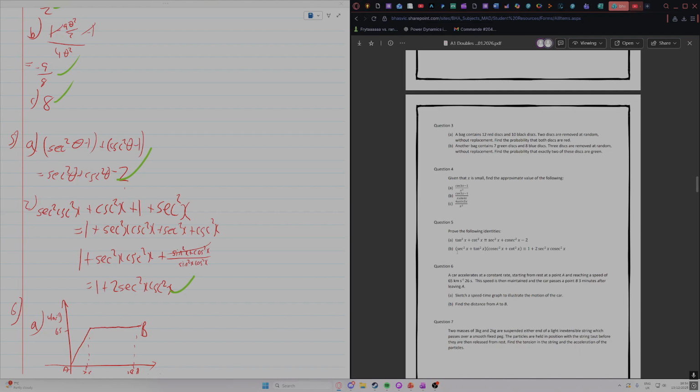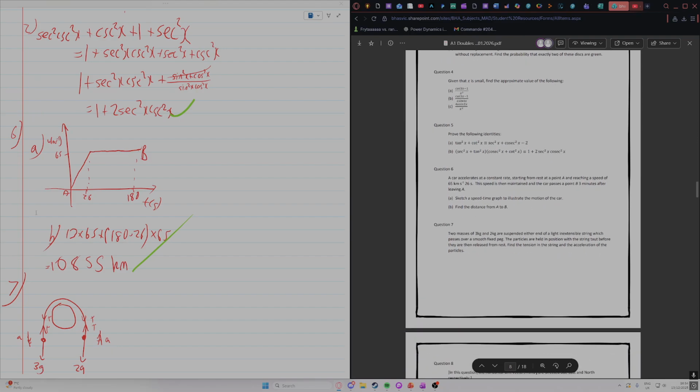You have to do each one individually and very carefully. Once you're done, it will cancel out because you can combine these fractions. That's an interesting identity: sec squared x plus cosec squared x equals sec squared x cosec squared x. So you can interchange the addition and the multiplication.